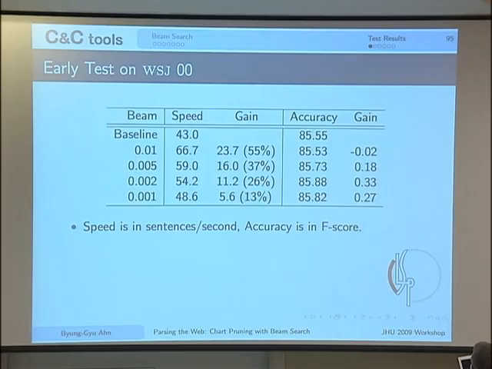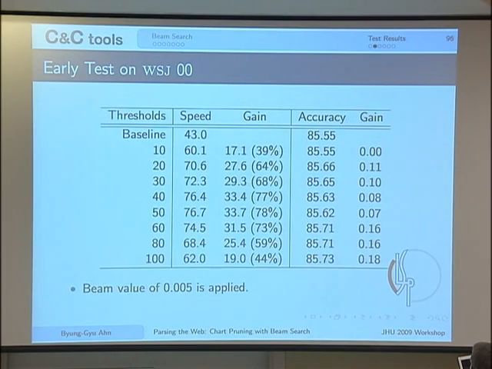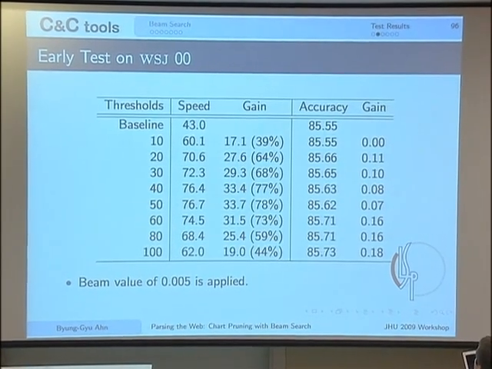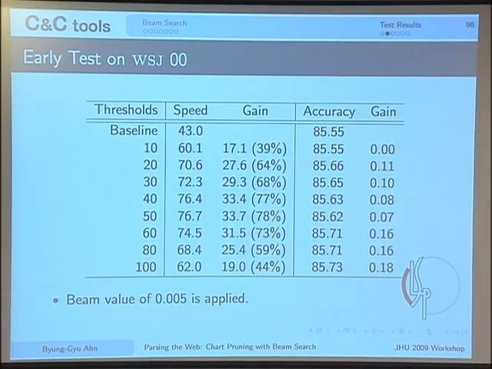We picked the beam value of 0.05 here to test various beam thresholds, and this is the result. So we were able to get better performance when we apply the beam only for spans of length 40 or less. And we could gain accuracy too.